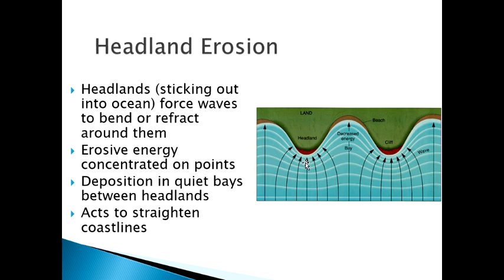And then the energy is wrapped around these headlands such that the bulk of the energy is spent as crashing waves on these headlands, and then you have these delightful little calm bays in between. So here you have giant rocky cliffs at the headlands, and here you have nicely deposited quiet bays with beach sands.